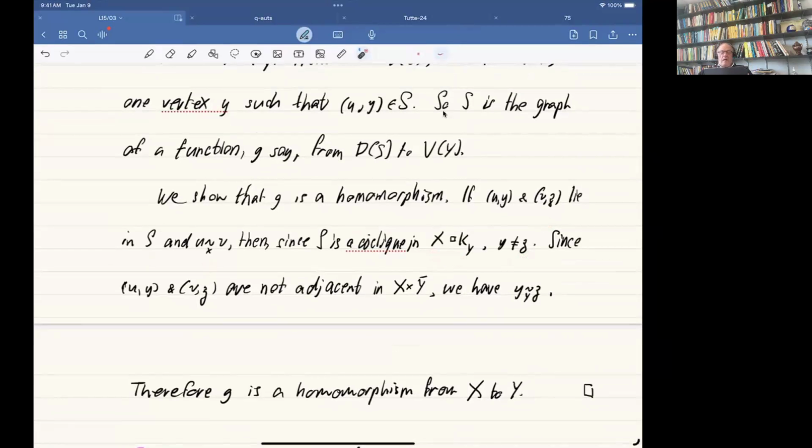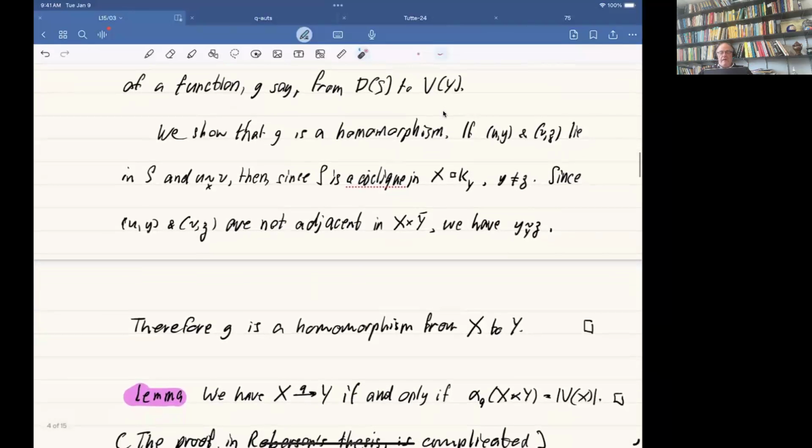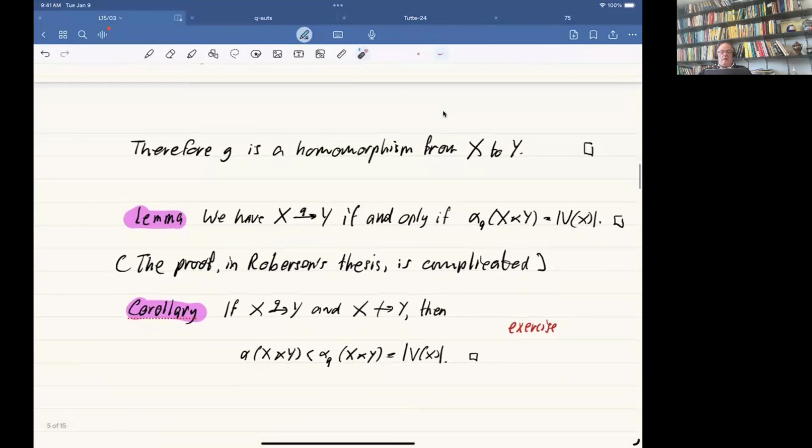And since these vertices are not adjacent in the direct product here, we have y adjacent to z, so therefore g is a homomorphism. That's the argument. So we can reduce finding homomorphisms to finding cocliques, which is interesting. It's not terribly practical, since finding cocliques is hard, but that's what it is.